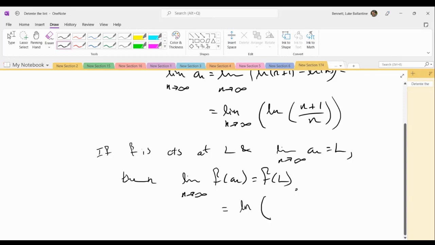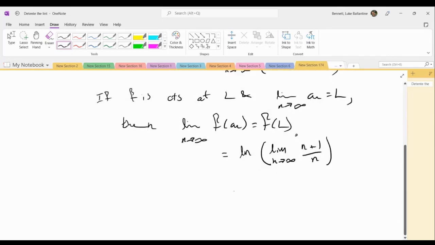So we have ln of the limit as n goes to infinity of (n+1)/n. So (n+1)/n, that's just 1. So this is ln of 1, so this is 0. So this sequence converges to 0.